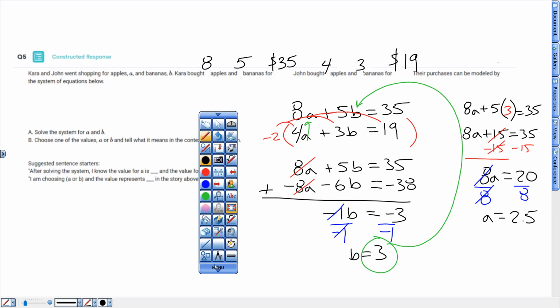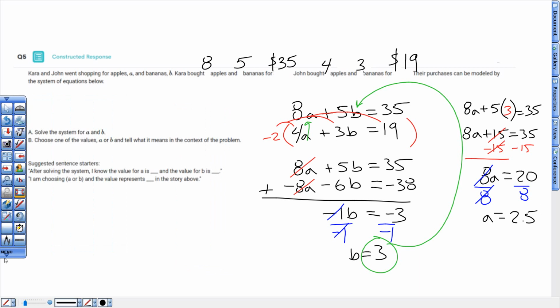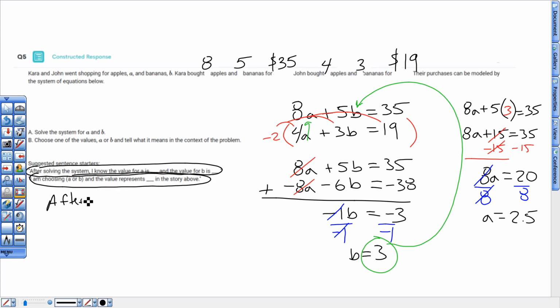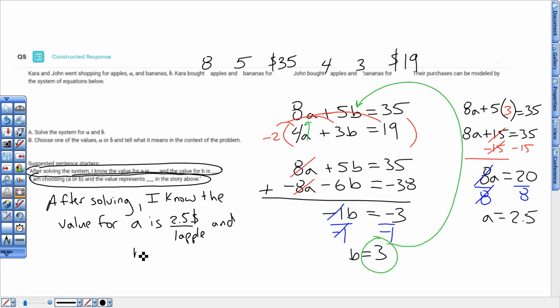And then remember what this is asking for. It's having you write. So make sure again you're writing this out.